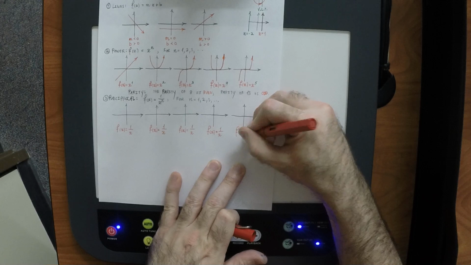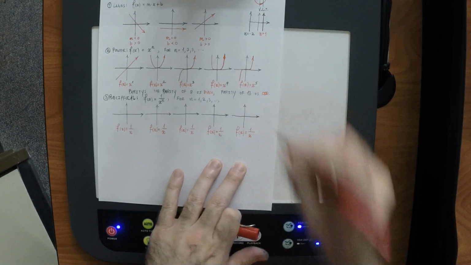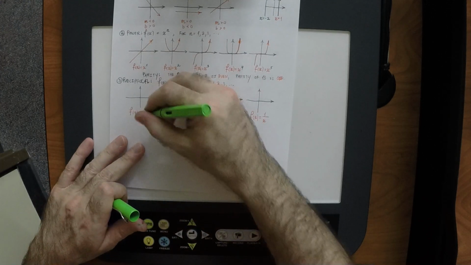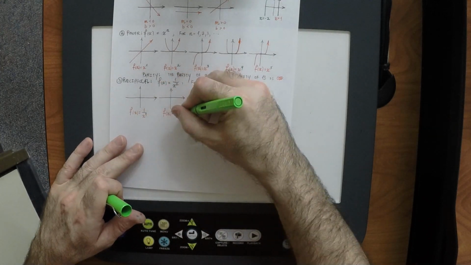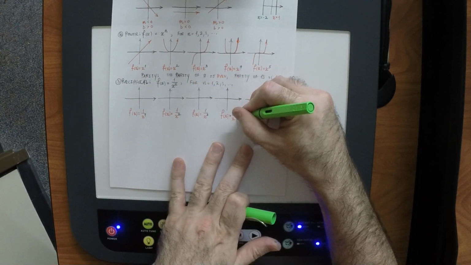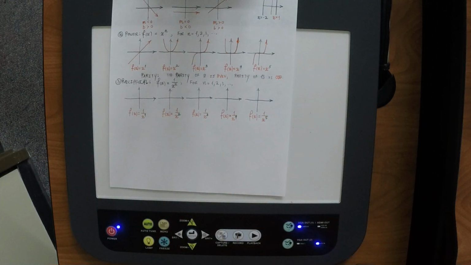And f of x is 1 over x to 5. And again, I know that under normal circumstances when the exponent is 1, you don't write that, but I'm just doing it so the pattern is clear.